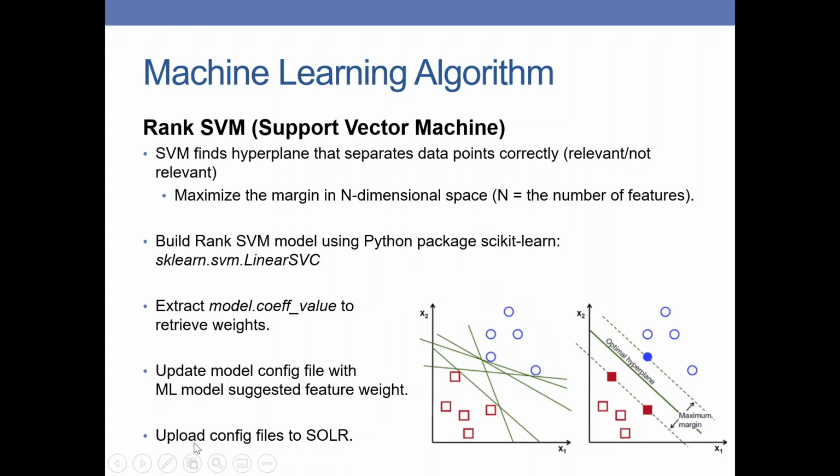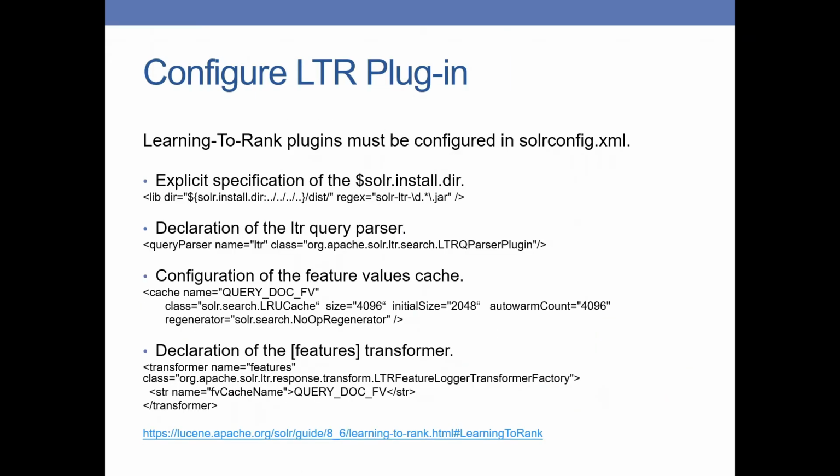And last, you have to upload these files to SOLR. Once that is done, your model training is also done. So far, we have understood the why and what part of machine learning. Now we'll see in practice what the configuration files are and how we upload these features and the model into SOLR.